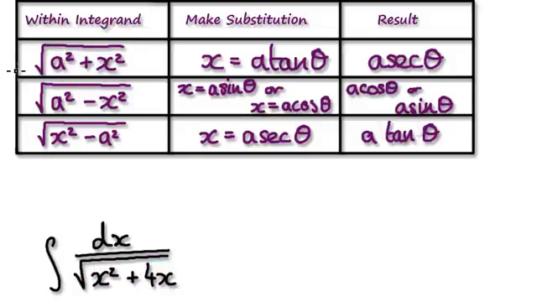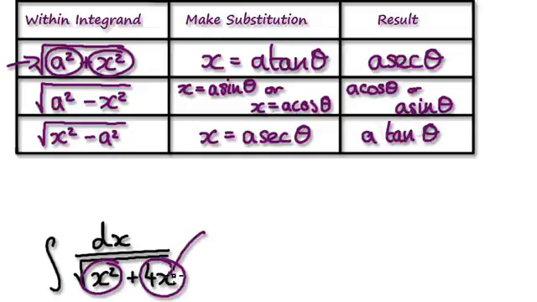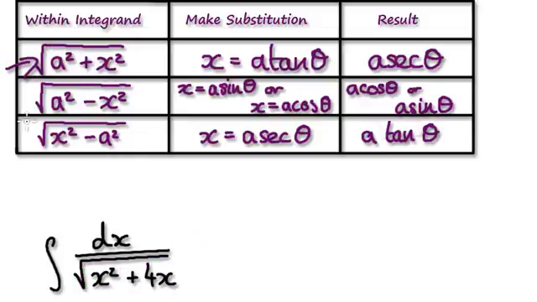But the thing is, we cannot use this thing here, because in order to use this, it has to be x squared, which is good here. We've got x squared here. But this thing has to be a constant. We've got a 4x here, we've got an x involved in here. So we cannot use any of these. If you look at this here, you can have x squared minus, but then you need a constant.